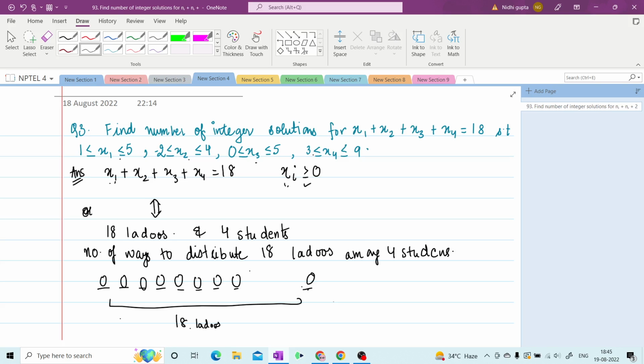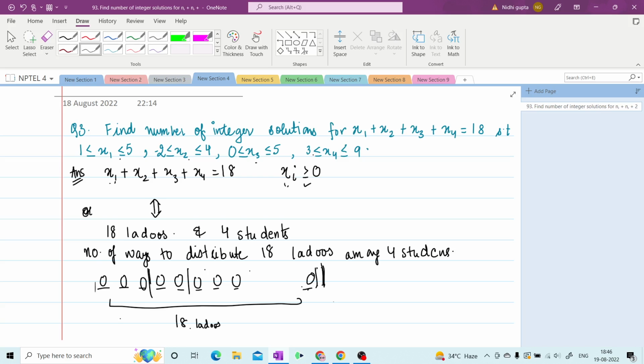So we start distributing the laddus, and we put a line when the distribution ends for that student. Suppose we give 3 laddus to the first student, we add a line here, then another student takes 2 laddus, so we add a line here, and then the next student takes all the laddus, so we add a line there, and for the fourth student there are no laddus left, so we have to put a line here only. So there is no other possibility.